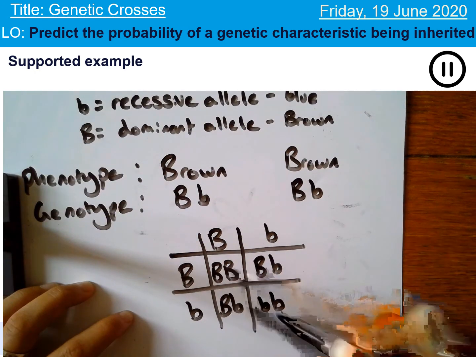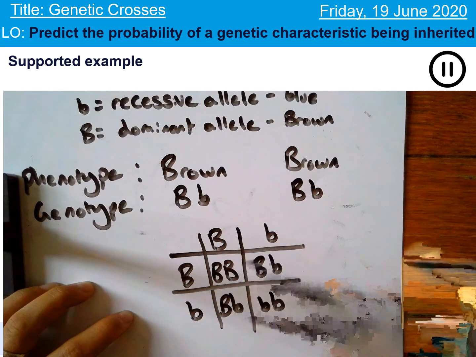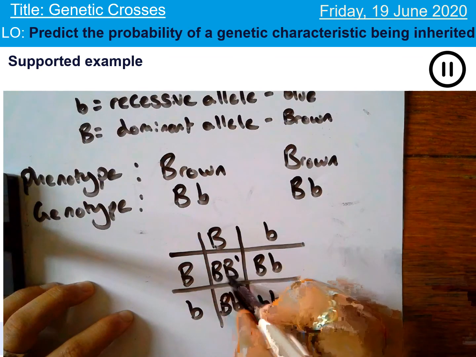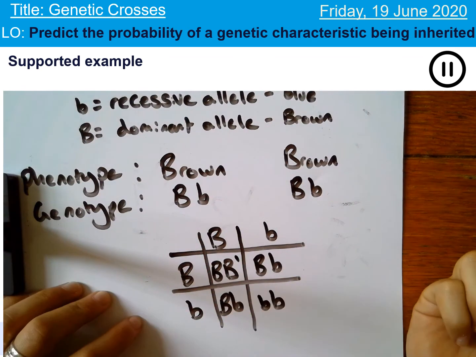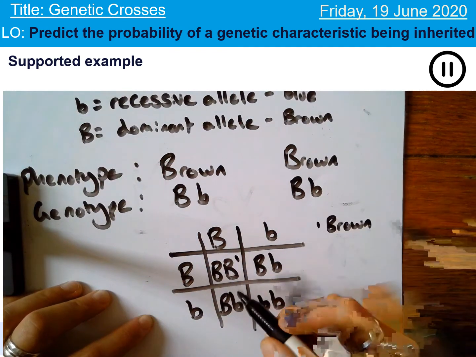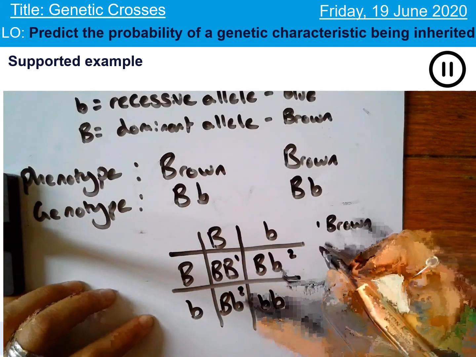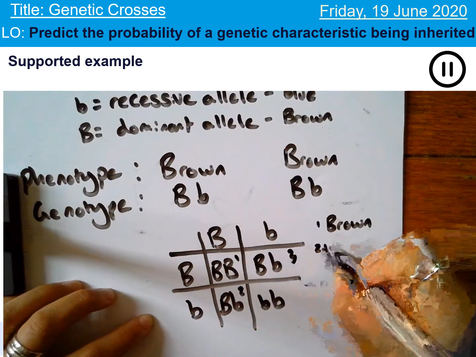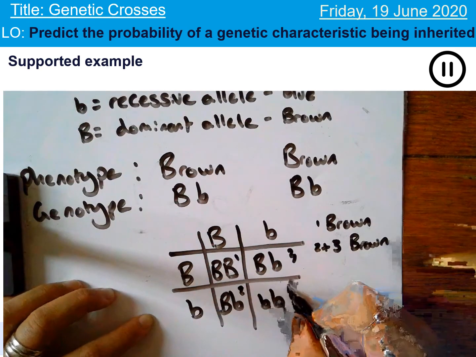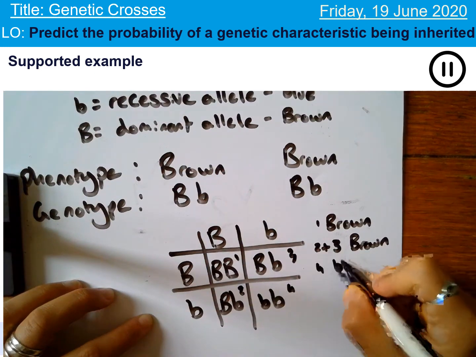I then need to identify what the phenotype would be for each of my offspring genotypes. In this first box I've got a dominant brown eye colour allele, and so it's going to be brown. In these two boxes they're both heterozygous, so 2 and 3 are going to be brown, and in this final box I've got two recessive alleles, so I'm going to have blue.